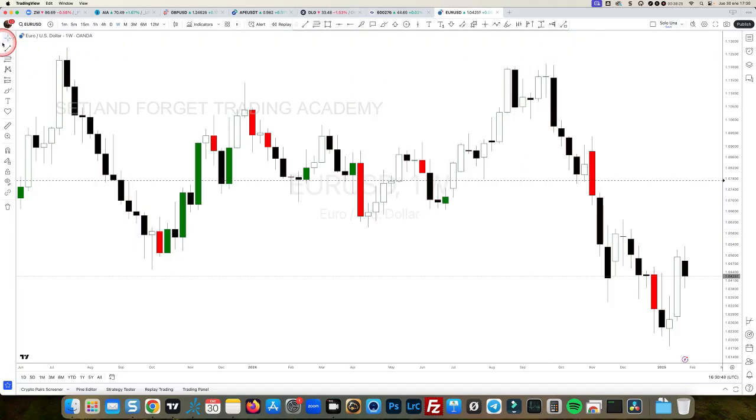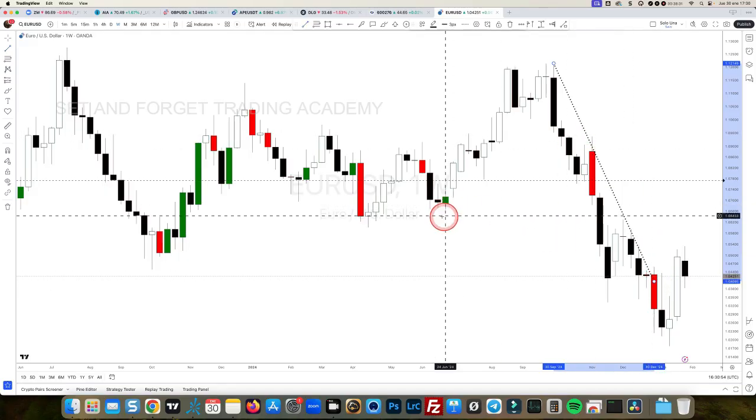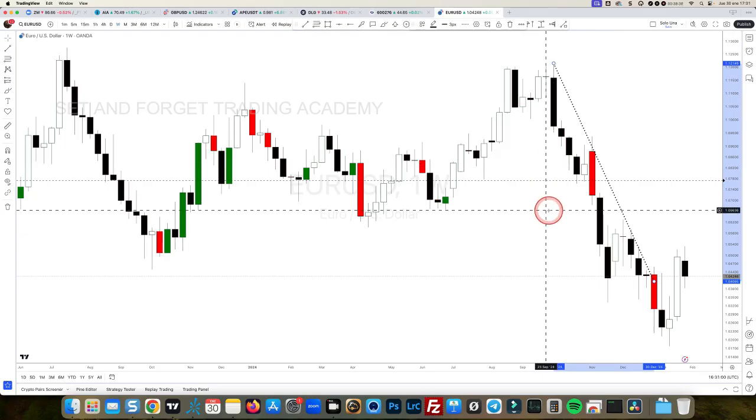But what happens here? Can we draw that without cutting through candles? No, we can't. So this is an example of the impossibility of drawing a trend line. It is not possible to draw this trend line. Okay. So that happens very rarely, but it happens.